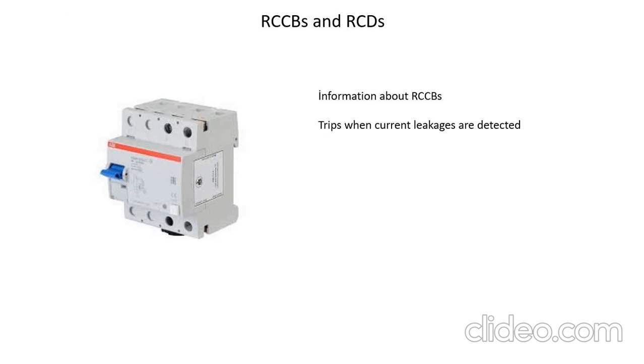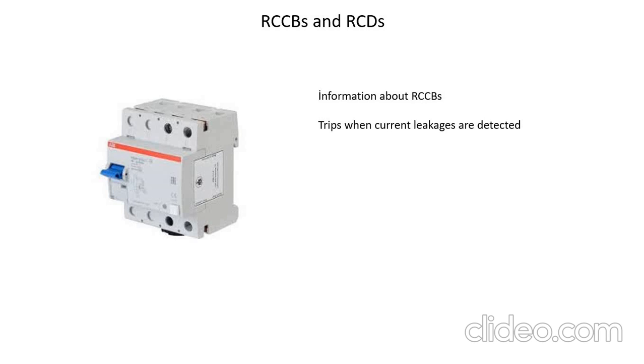So here I want to talk about RCCBs and RCDs. These ones generally do the same thing. RCCB stands for residual current circuit breaker. RCD is residual current device. So these devices just check for leakage current. So when there's a leakage, maybe somewhere along the circuit, it means that the amount of current that is leaving and the current that is coming back are different.